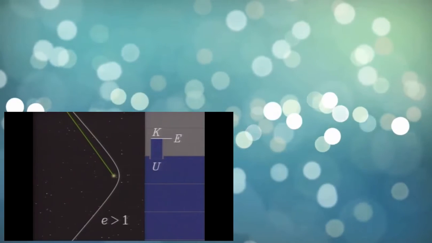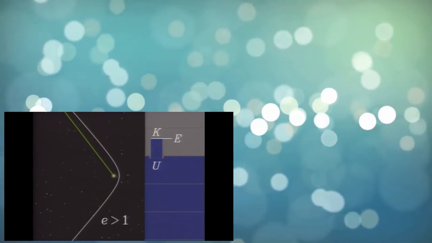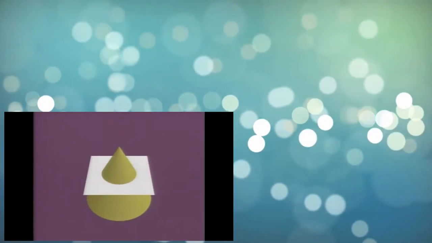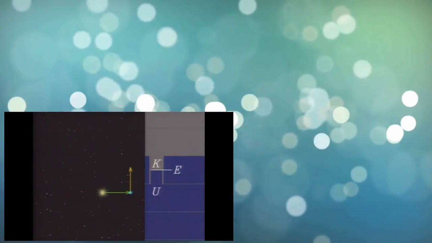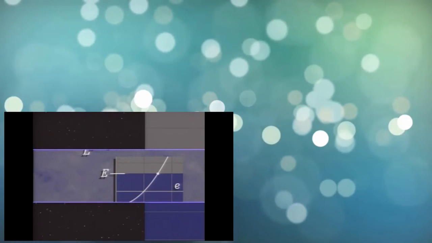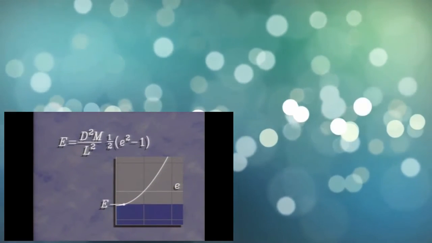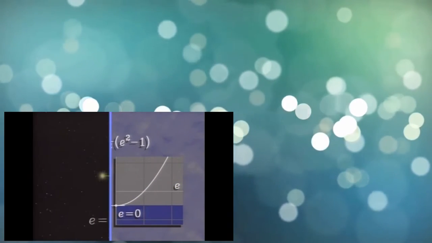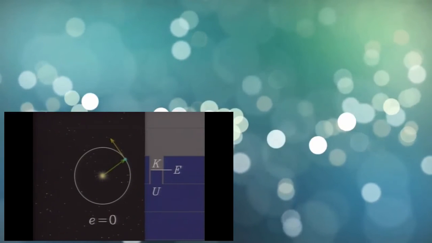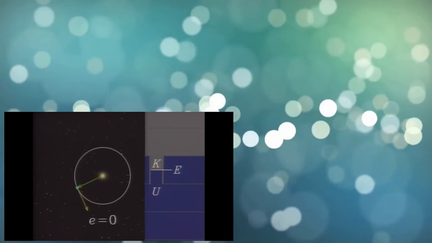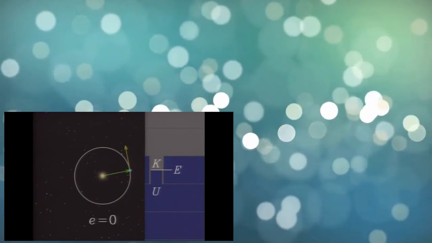Some comets have hyperbolic orbits. The circle. If the energy has a special value, the eccentricity is 0, and the orbit is a perfect circle. This is the lowest energy a planet can have for a given angular momentum.